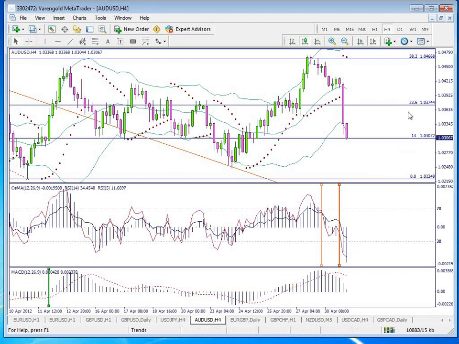Probably it will retrace, maybe a 23, maybe a 13, and after that will have one consolidation and it will go into the down direction. So I think that maybe for the moment it's late to go into one sell, or maybe just if we are looking for something from 13 to 0, about 81 pips.